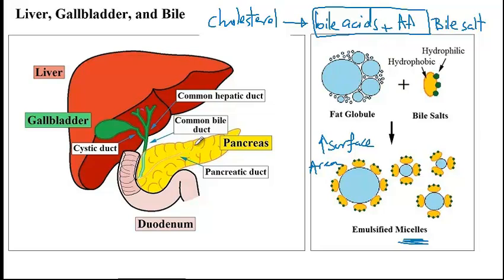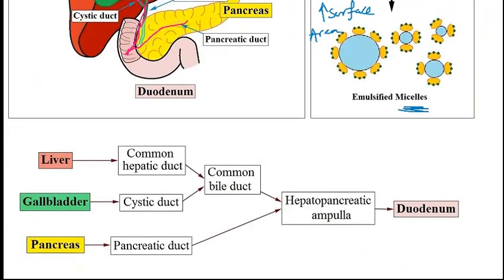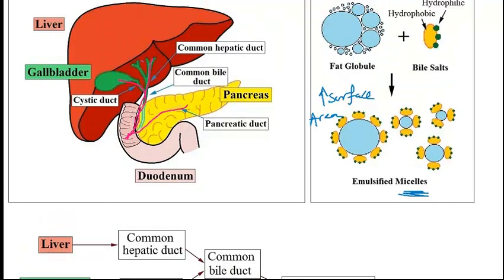And then the final point that I would like to mention in this slide is that, if you've noticed, the pancreatic enzymes as well as the liver products and the gallbladder bile, all of them are being emptied into the duodenum at the same site. So here we have the liver via the common hepatic duct and the gallbladder via the cystic duct.